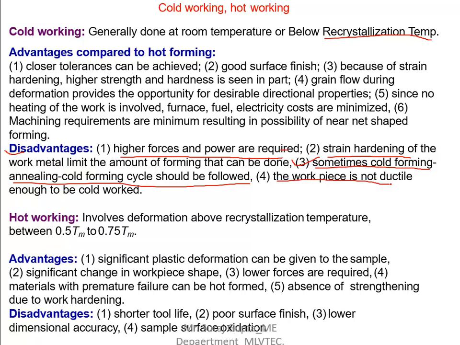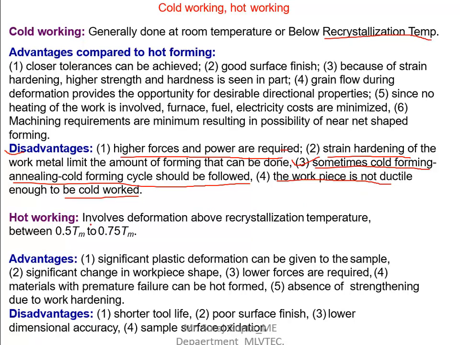Not ductile means that if the temperature rises, the material will become ductile. So at room temperature or below the recrystallization temperature, the material is very hard and not ductile, so it is very tough to apply cold work.